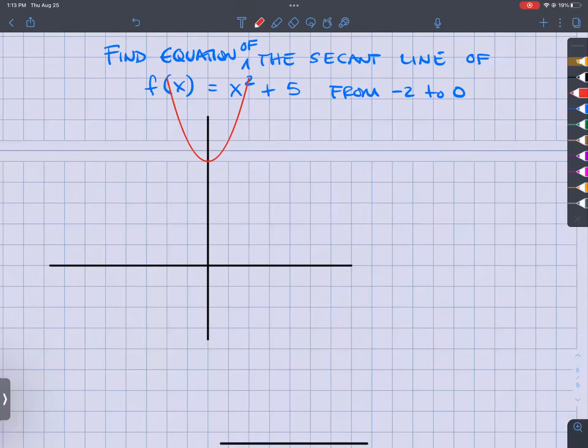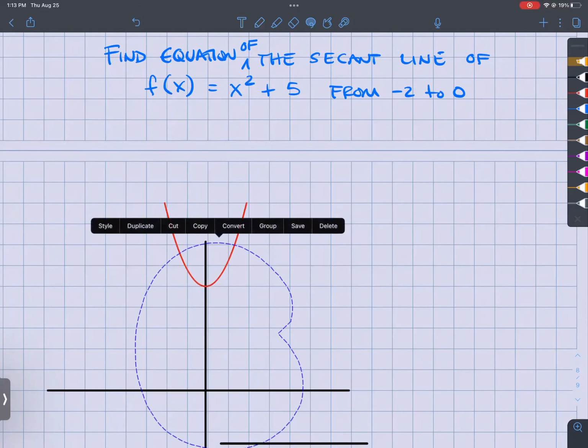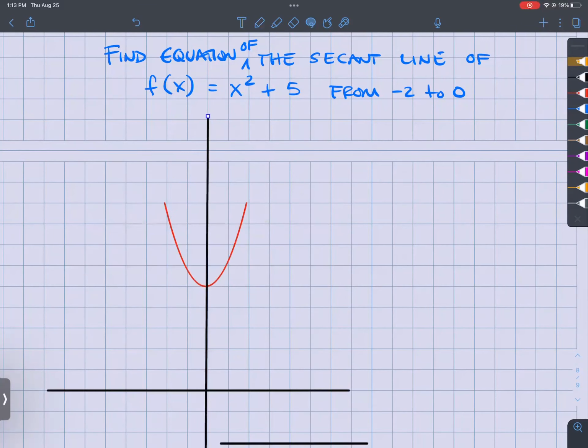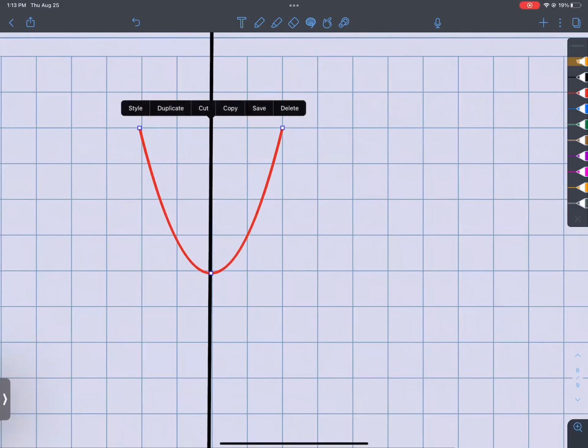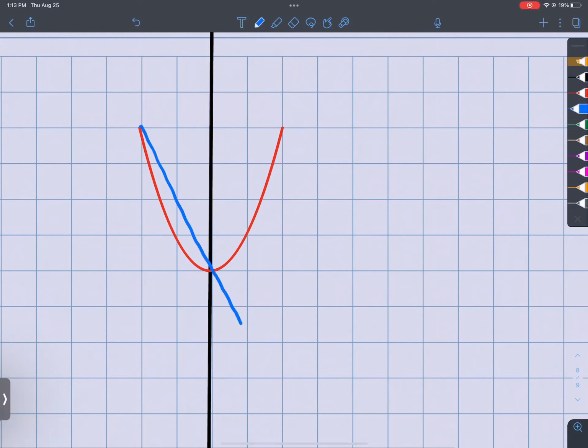Okay. So I'm going from -2 to 0, right? So I'm literally doing this right here.